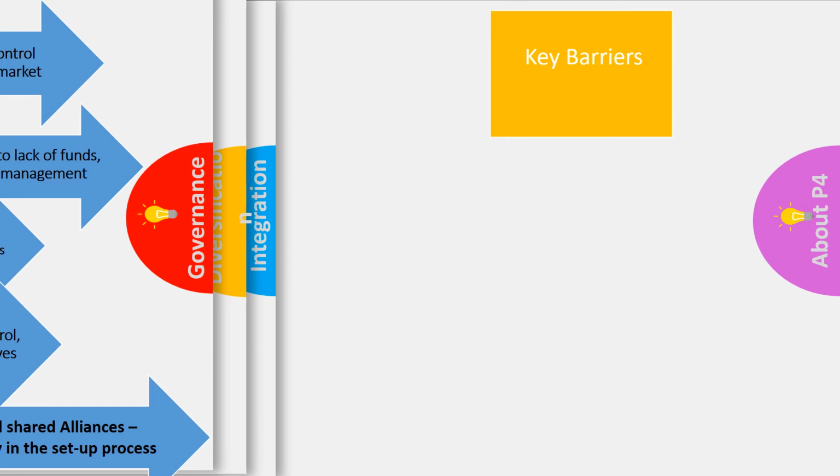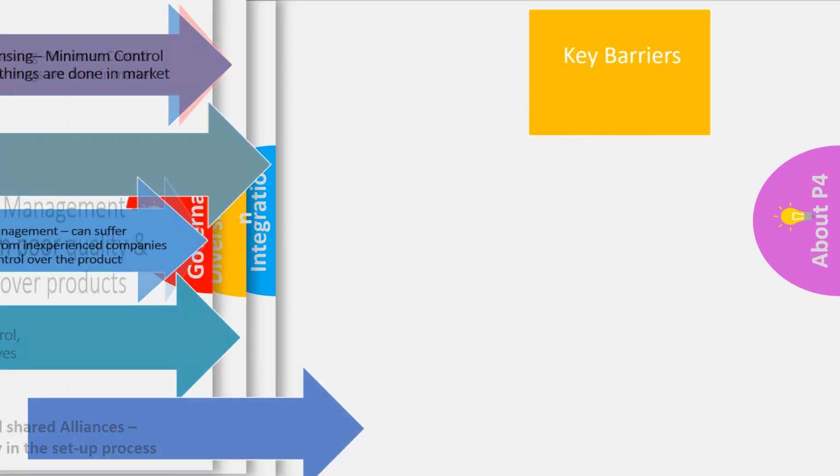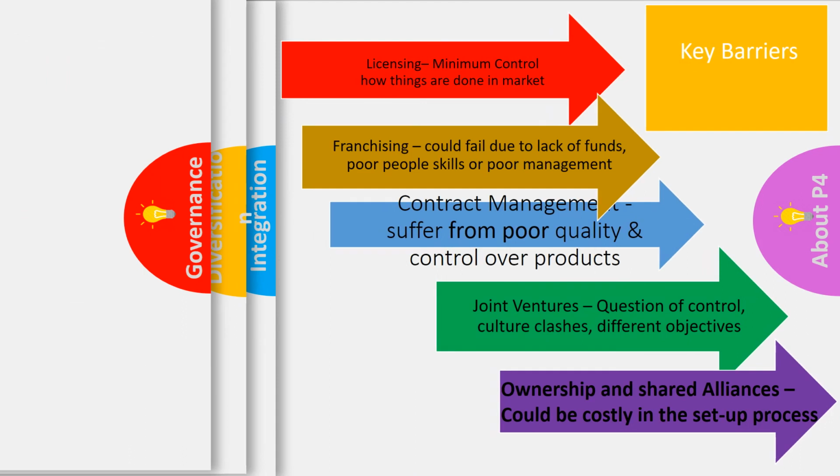So, what are some of the key barriers? Because part of the question is looking at what are going to be some of the key barriers, as we said before, with the licensing, franchising, contract, joint ventures, ownership, is going to be depending upon the degree of risk and control that you want for your company.